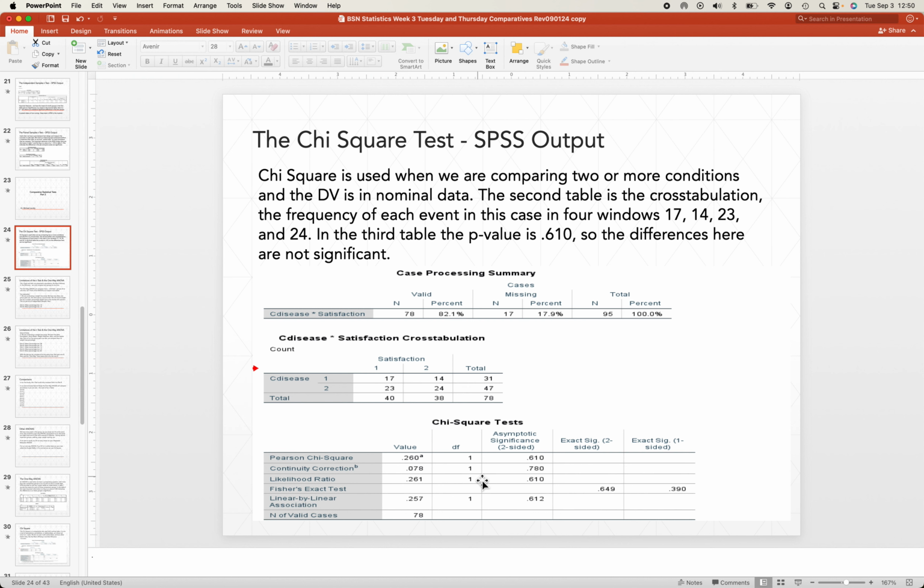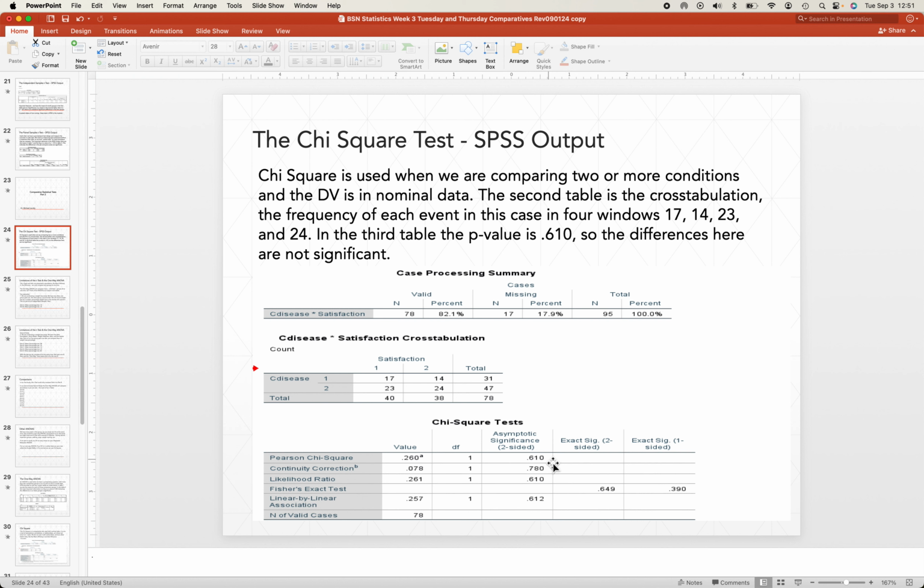And the reason why I mention this is that in some places you will see the chi-square test noted as a test of association. But with association, we need an R value to show what that association is. And I would suggest to you that all we have here is a real difference.